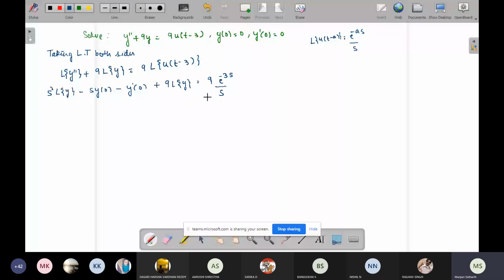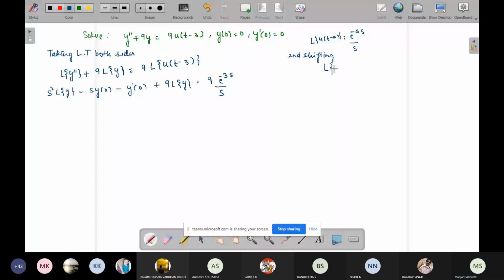If you remember, on the first day when we started this Laplace transform, we saw the second shifting theorem. There was a Heaviside function in that. At that time I told you we'll discuss it later, when we discuss the Heaviside function.